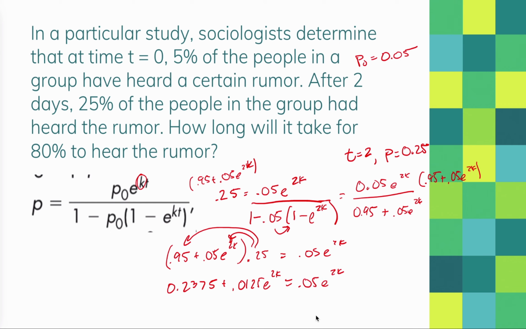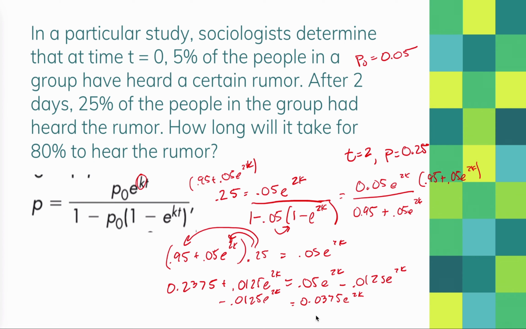We're going to subtract this 0.0125 e to the 2k. So that ends up being 0.05 minus 0.0125, which is 0.0375 e to the 2k.